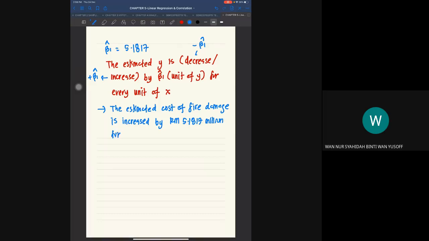Do we have a unit for the x? Yes, km. For every km of distance between the fire station and the fire accident. Okay, so that's how we interpret the value, because the slope is about how much the y changes when your x changes.